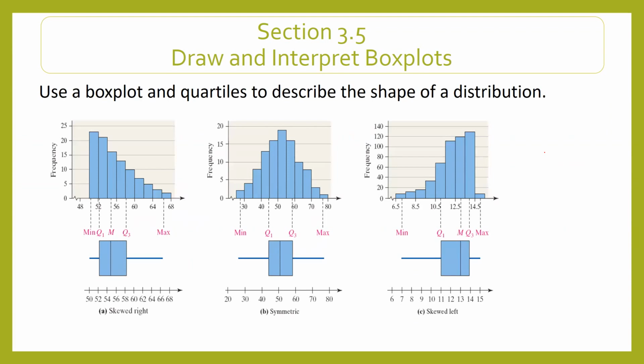This is a very good picture because the box plot, with all the quartiles, can describe the shape of the distribution. I told you earlier in my videos that the shape of the distribution is extremely important.